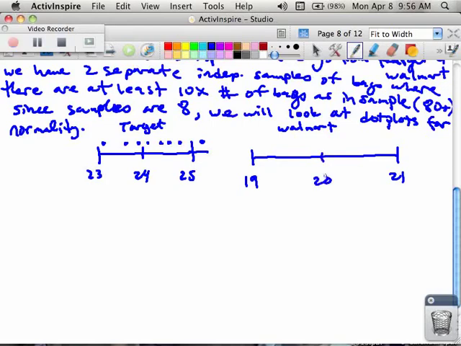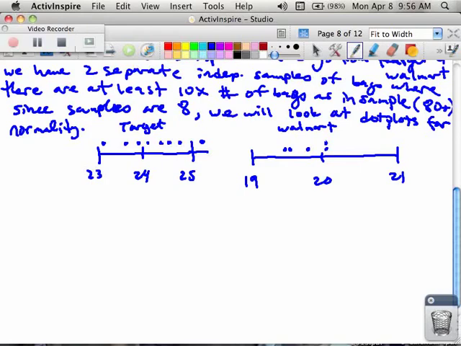So the Walmart one, there's 19.8 and 6. So 19.6, 19.8, 20 point. Oh wait, there's 19.5 too, isn't there? Sorry, 19.5. 20.1 twice. And then a 3, 5, 7.